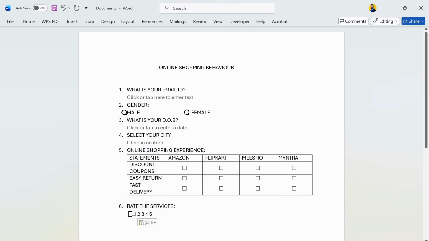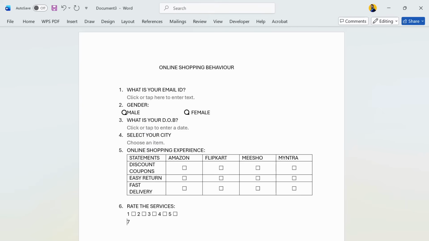I have used Control V because I have copied this particular checkbox, so I am just using the same Control V, Control V, Control V. So we have created this question.